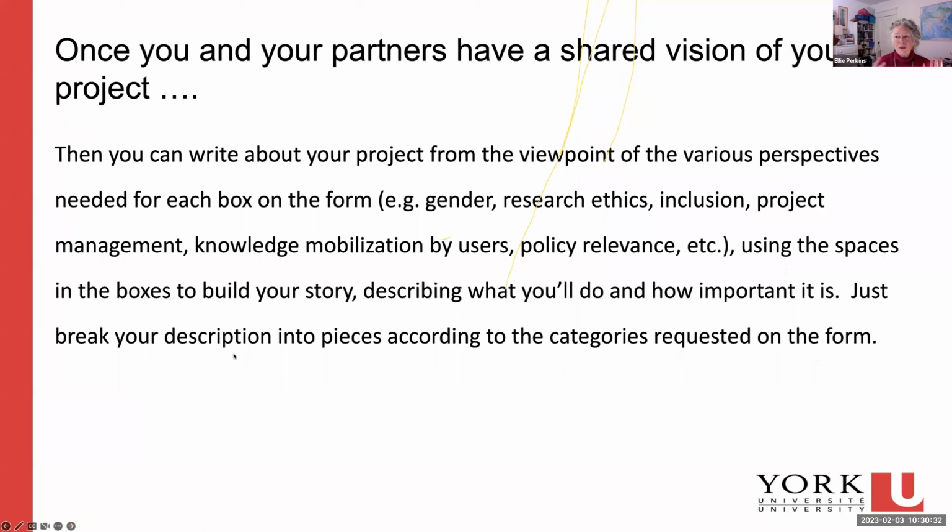Then once you get a shared vision with your knowledge users of what your project is, then you can write about it and go back to those text boxes, with 1,000 words here and 250 words there, and you can describe little pieces of what you want to do in your project in a way that it all hangs together.